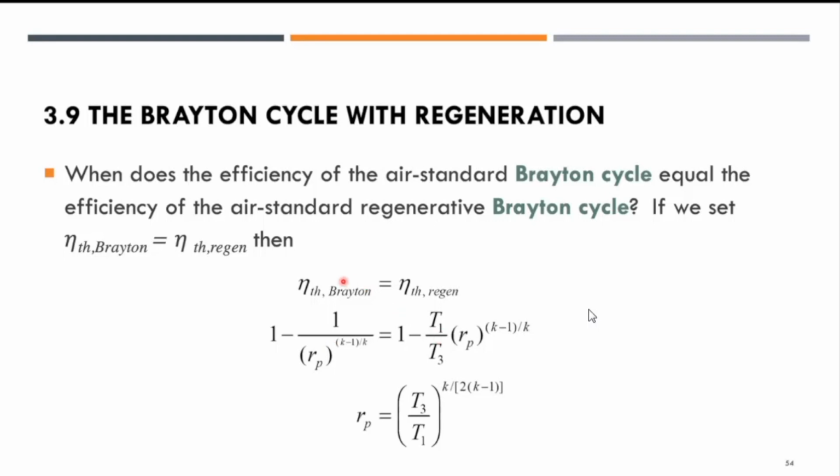You just put down the Brayton cycle thermal efficiency component and the regenerator thermal efficiency component and rephrase it, so you get the component of r_p on the left hand side, and you can get this expression of the temperature ratio T3 over T1.